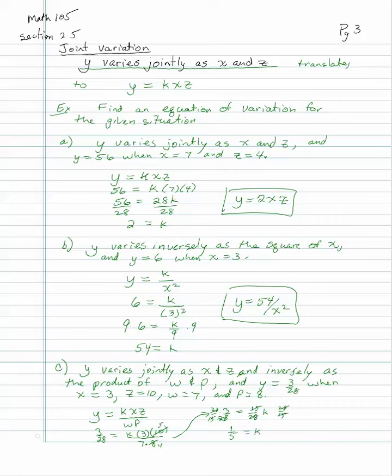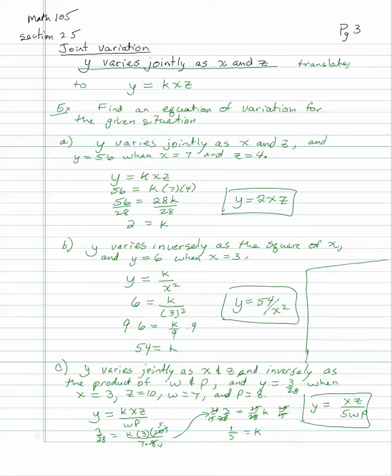So now I can write my equation. Y equals 1/5. I'm going to simplify, and 1/5 on the top. When I simplify it, basically the 5 is going to go to the bottom. So it's going to be xz over 5wp. Here, let me show you over. I don't want to waste another page, so let me just show you that over here.